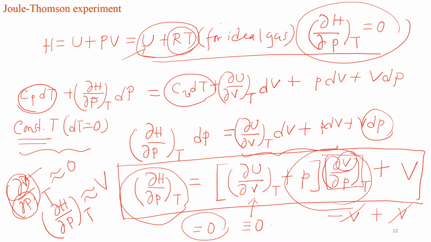However, for real gases, (∂U/∂V)_T or (∂H/∂P)_T is not 0. Now you may ask why then in Joule's experiment we did not get any finite value for (∂U/∂V)_T, which means why we did not see any drop in temperature. The answer is that experiment was not a very refined experiment, meaning the gas Joule used was already so dilute that it was behaving ideally.